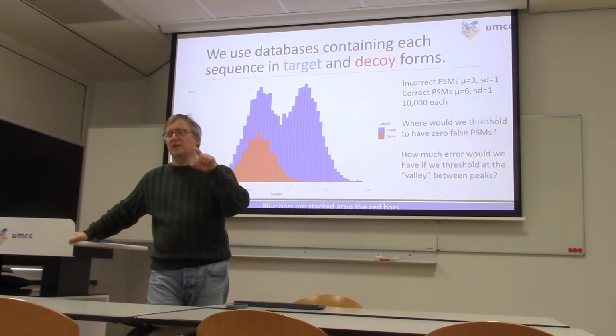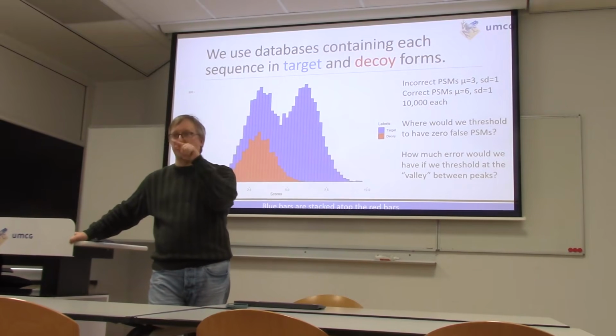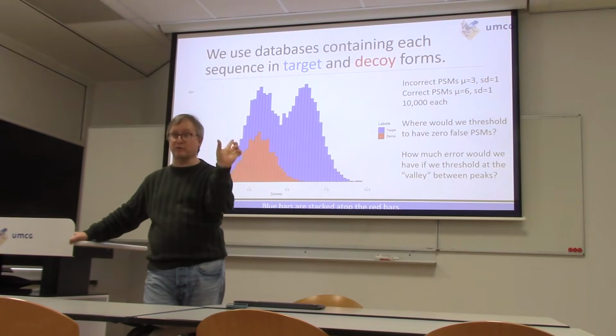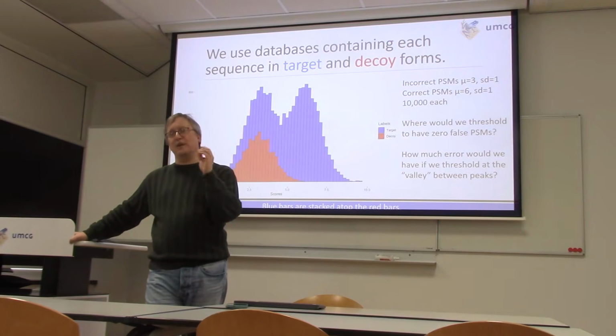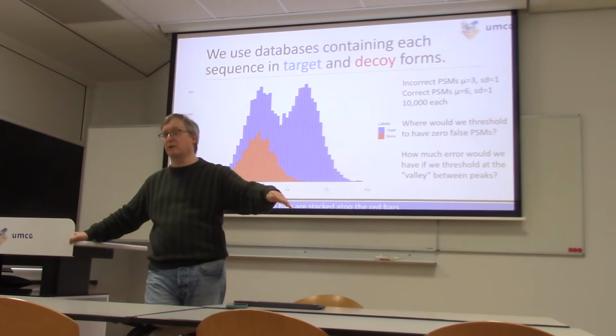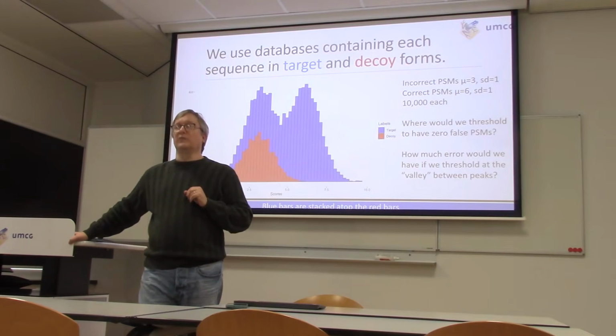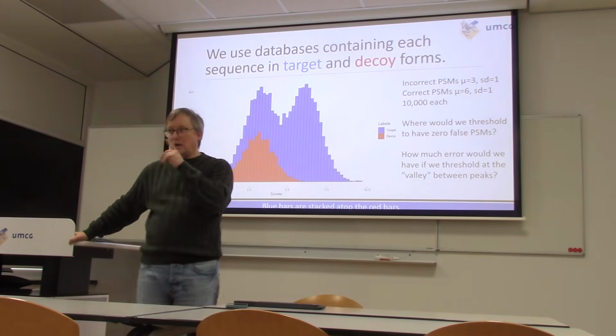And they exist as separate entries in our FASTA database. One is called, say, beta gal, and the other one is called beta gal underscore rev, to indicate that it was the reverse of that sequence. So anytime I match a spectrum to beta gal rev, I know it's a falsely identified spectrum. And why is it necessarily false when they match? That's maybe one question.